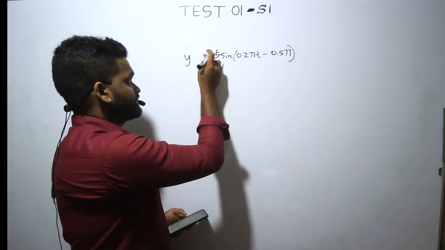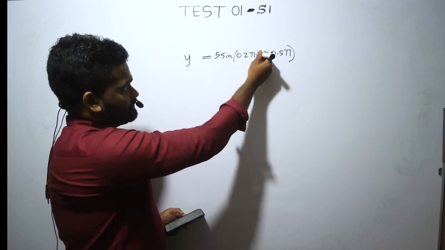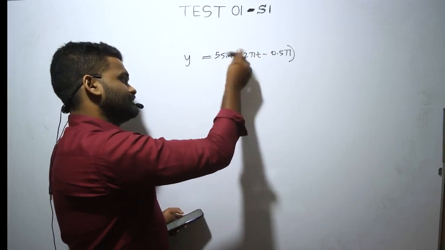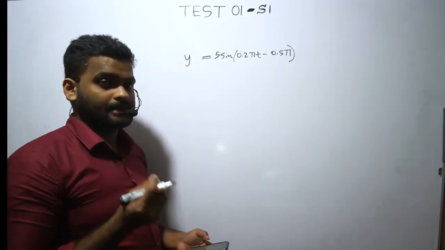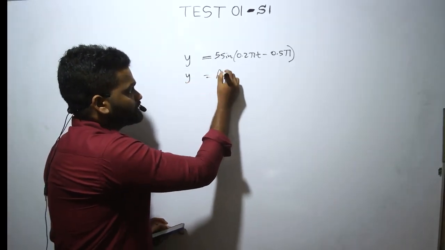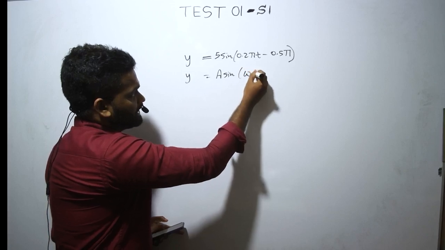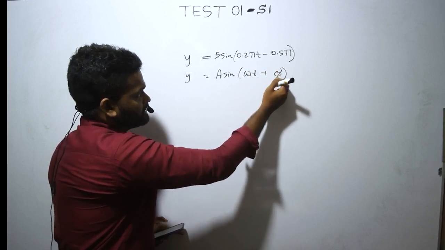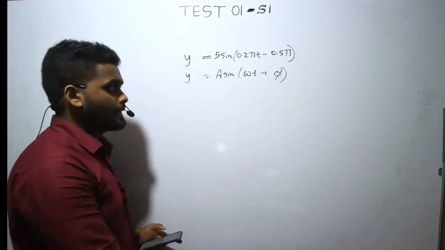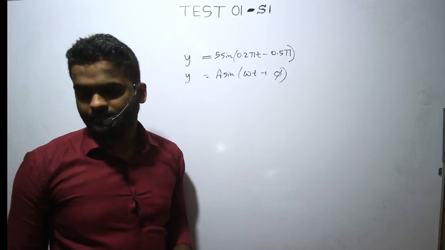So this describes the motion of the particle, but what they are asking is the time period, right? Okay, so this is the full equation when it comes to simple harmonic motion: omega t plus initial phase angle. They are only asking about time period.